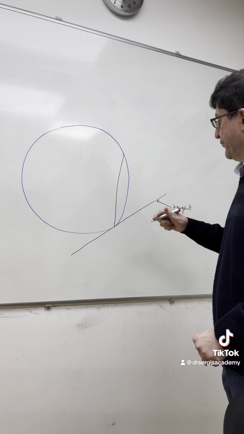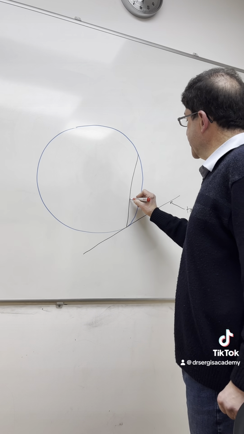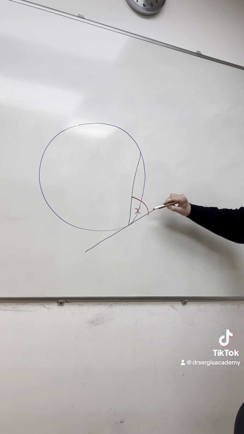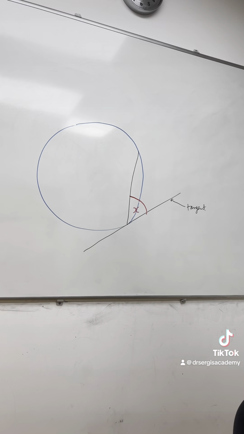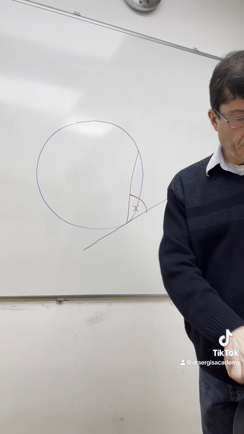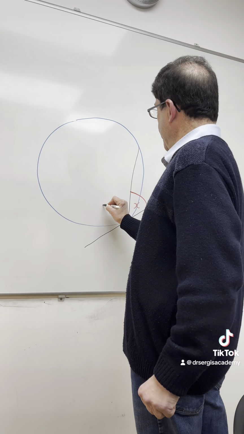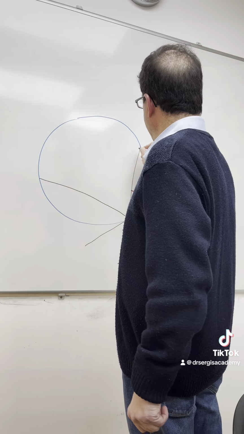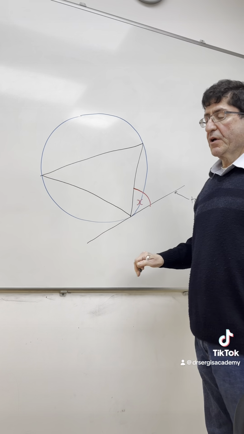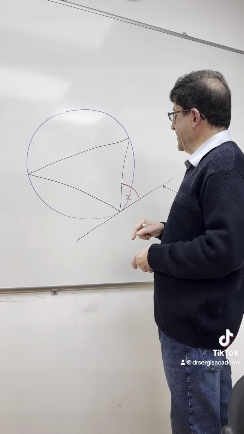that angle, call it angle X. So the angle between the chord and the tangent, let's call it X. And if we draw two lines that meet at the circumference from the extremities of the chord, we've got two lines that meet at the circumference.